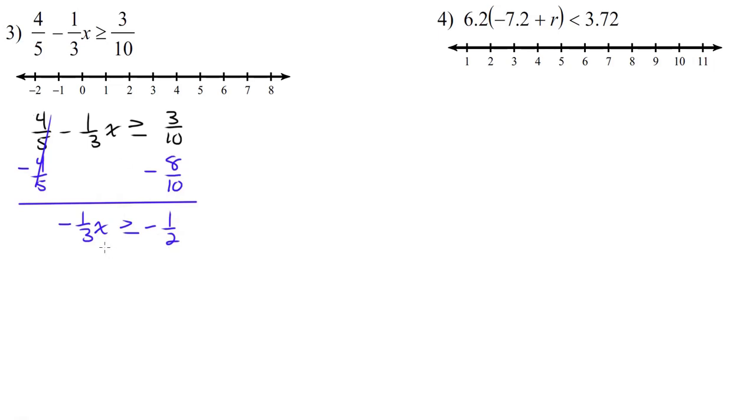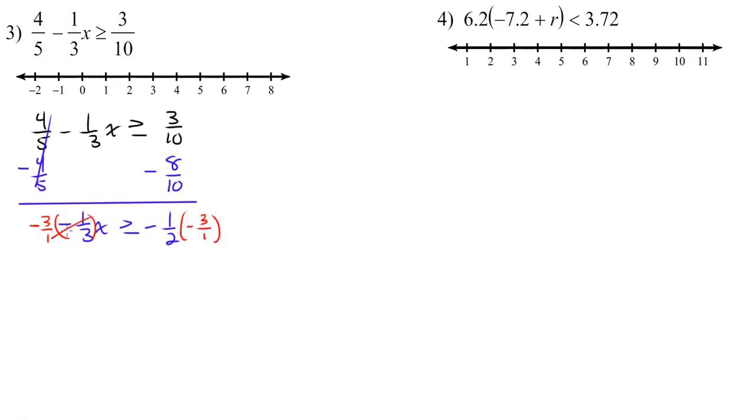Next thing we need to do is get rid of this negative 1/3, which is multiplying x. And the way we undo multiplication by a fraction is we flip and multiply. That means we're going to multiply both sides of this inequality by the reciprocal of negative 1/3, which is negative 3/1.